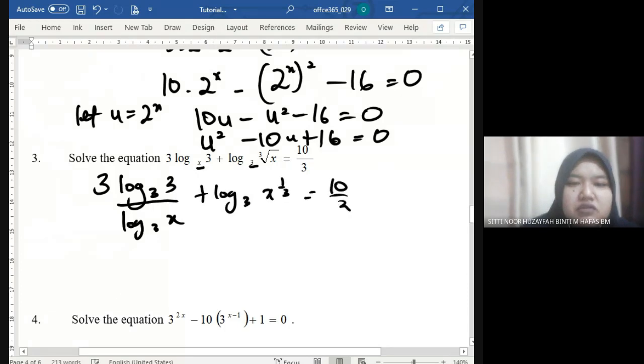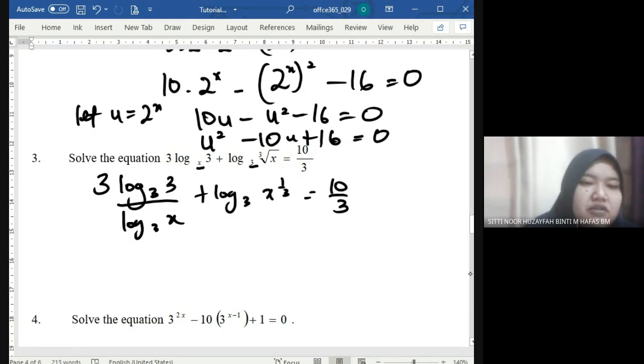equal to 10 over 3. So this 10 over 3, we don't have log here, it's okay. Log base 3 of 3 is equal to 1. So we have log base 3 of x here, also log base 3 of x, and we have 1 over 3 here as the coefficient.